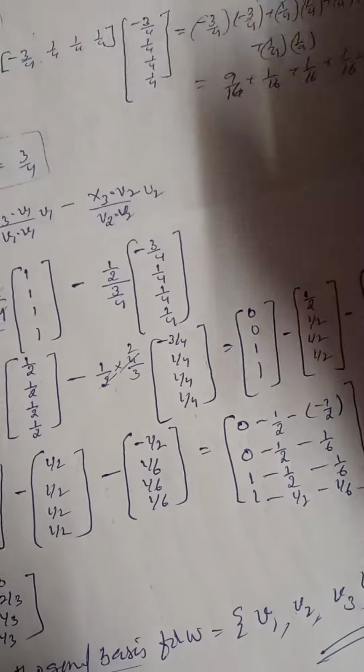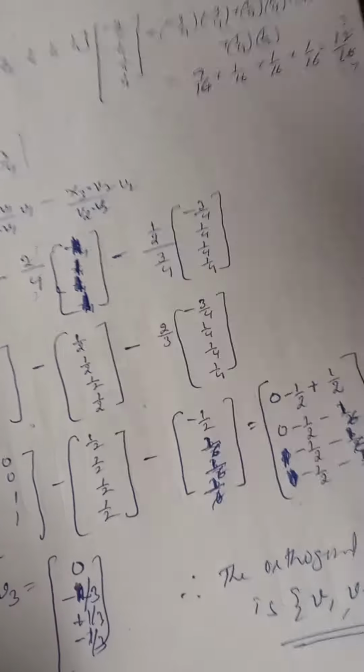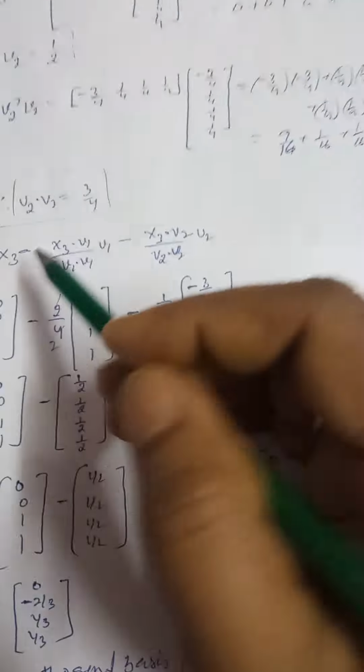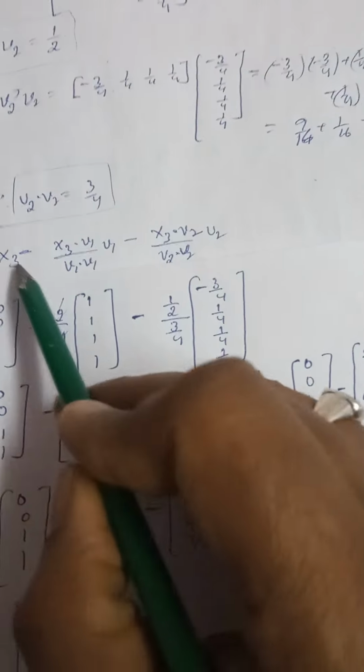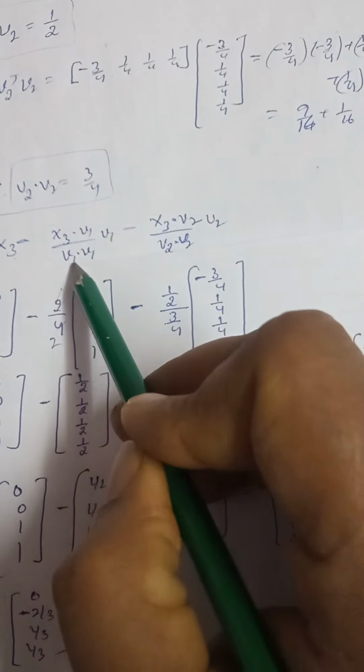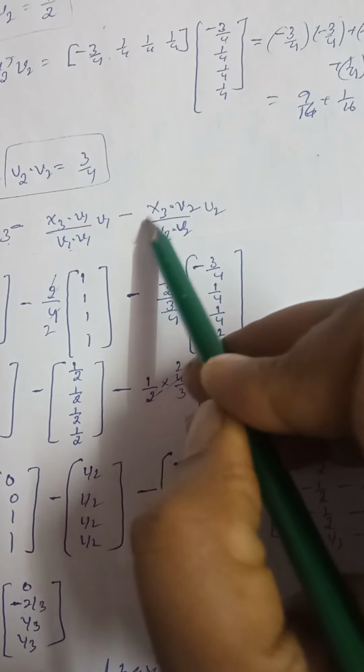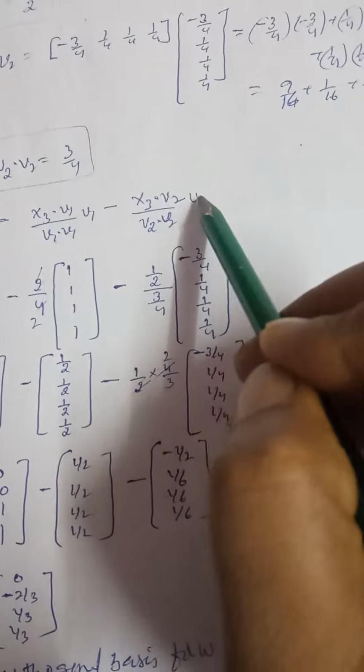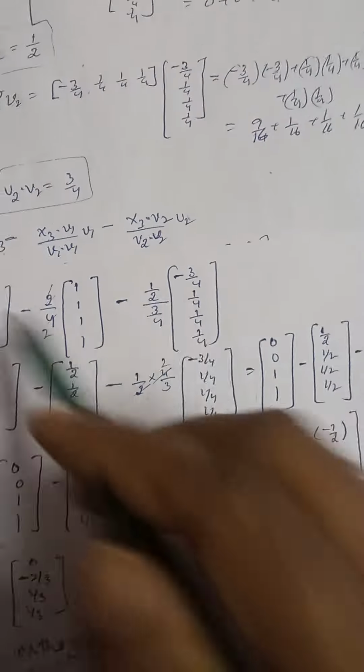Now see here, I wrote this formula. There are small mistakes here, so I am writing it again, same thing as it is. Now see, V3 is x3 minus x3 dot V1 by V1 dot V1 into V1, minus x3 dot V2 by V2 dot V2 into V2. Now I am substituting those values.